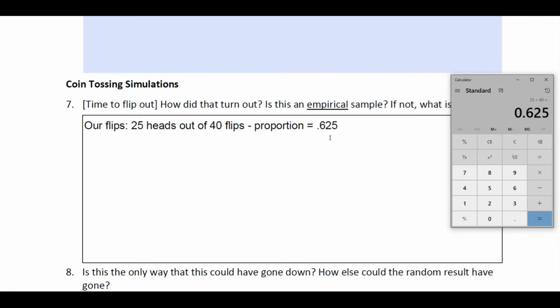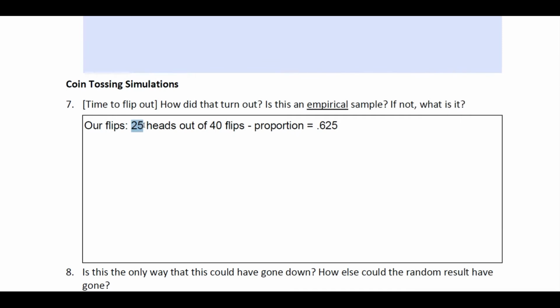So we want to make sure that we're using the proportion as we see it, 0.625. And to get that proportion, you take the number of the thing we're interested in out of the total number. So 0.625 or 62.5% ended up with a coin on heads, which means 37.5% had the guy on the right, tails. Okay. So if we're all choosing randomly by flipping coins, this is a potential result that we could get.